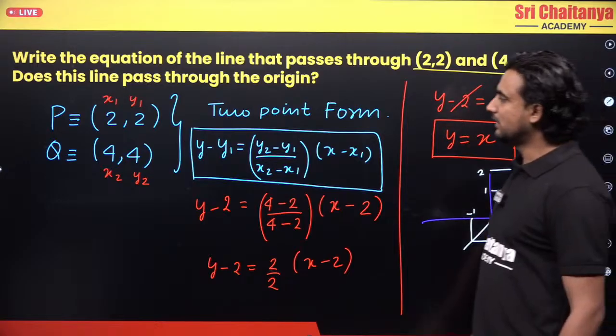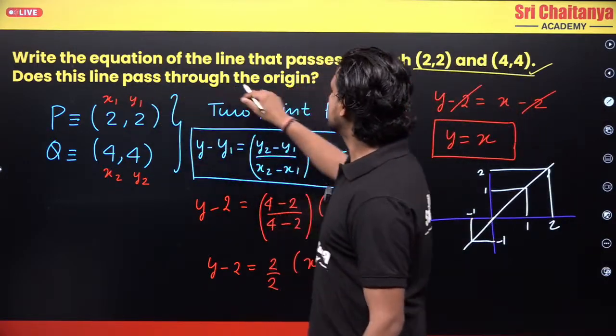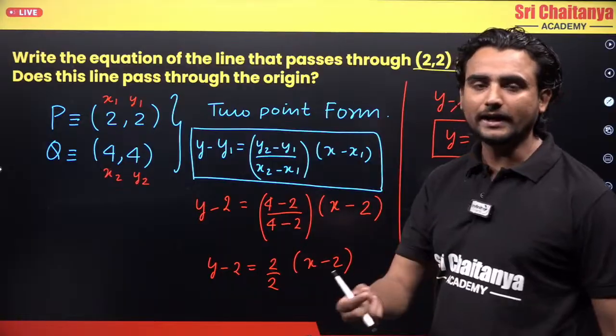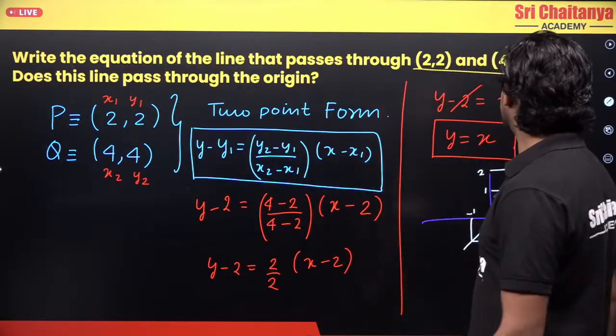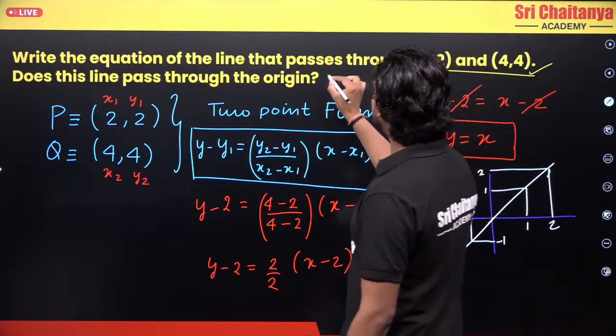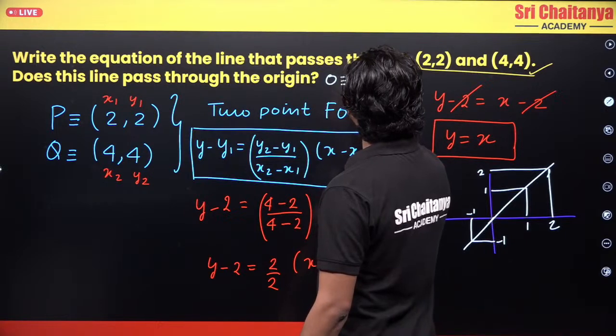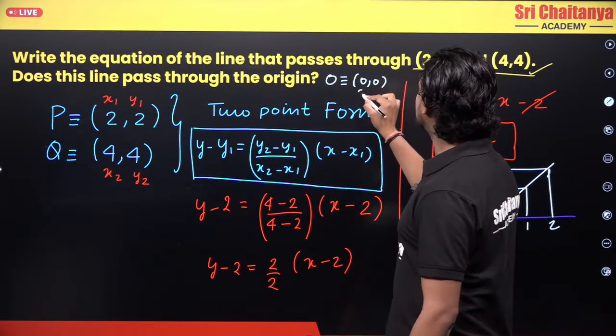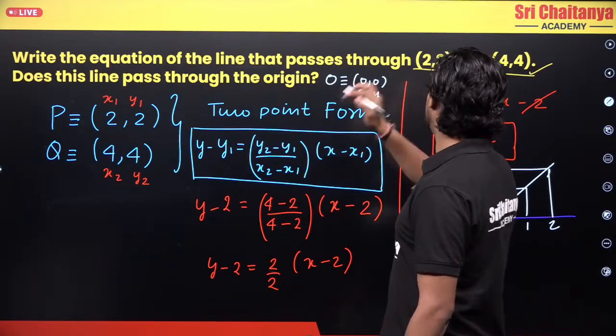Okay, what was the next part? Does this line pass through the origin? So to find if it passes through the origin, what will we do? Okay, what is the origin? Origin O is equal to 0, 0. So let's put the value of x, this is x and this should be y.